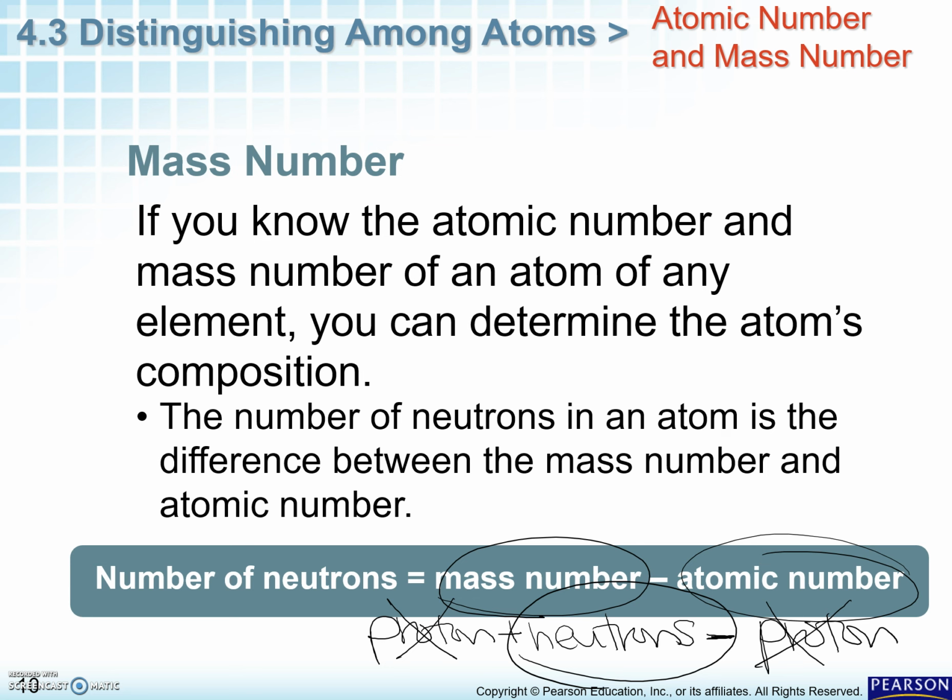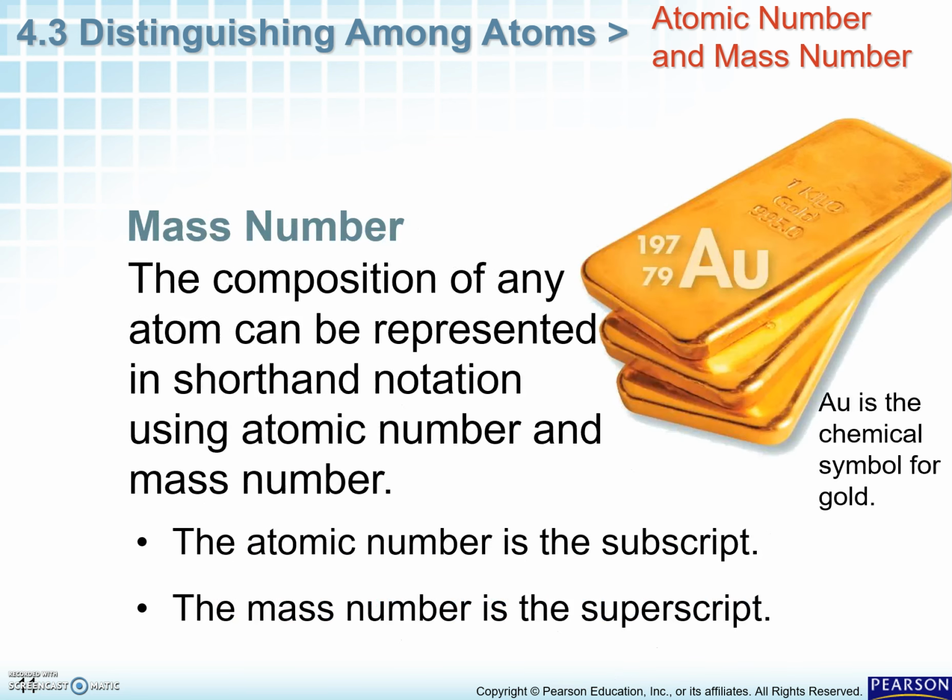So we can actually give that a try, but first you have to know how to write the composition of any atom. Anytime we are writing an element, your atomic number, or the number of protons, is going to be a subscript. If you look at our element of gold here, our subscript is 79.